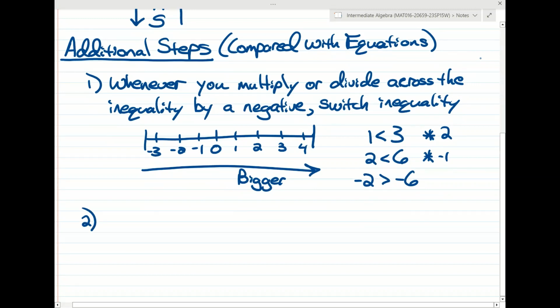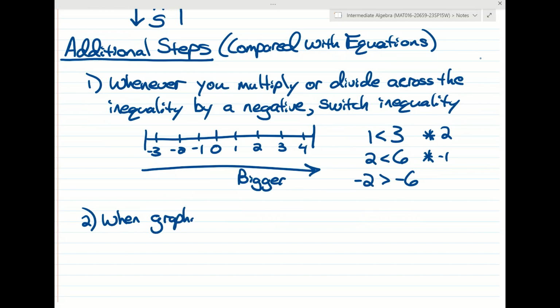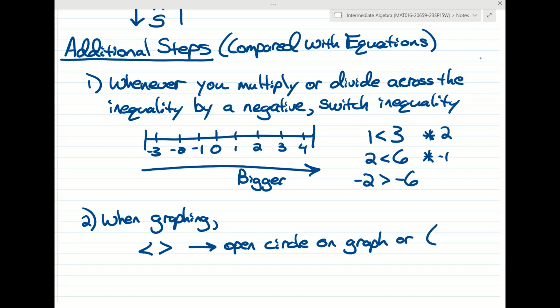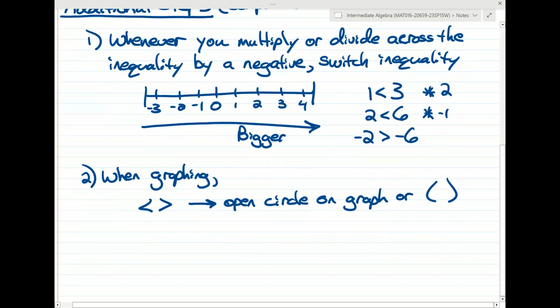Something else to keep in mind is that when graphing, if you see a sign like this or like this, we put an open circle on the graph, or we use parentheses, and I'll explain this in a minute.